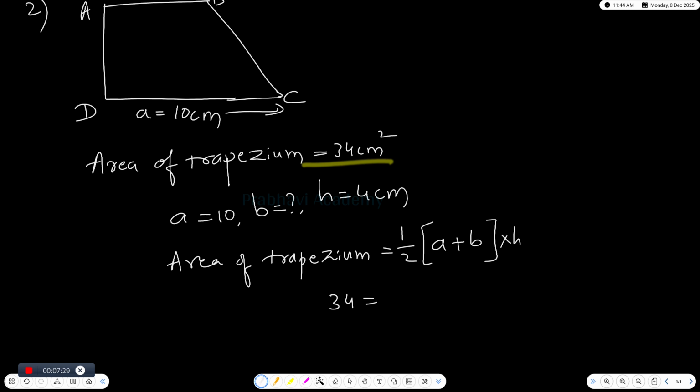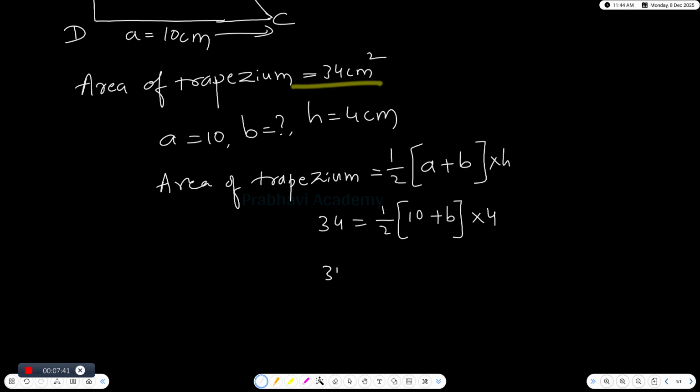So I will write 34 equals half, A is given, that is 10, B is asked, and height is given, that is 4. Now 34 is equal to, multiplication is to be done with 4. 4 tens are 40 plus 4 into B, 4B.